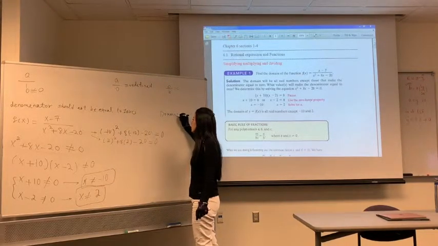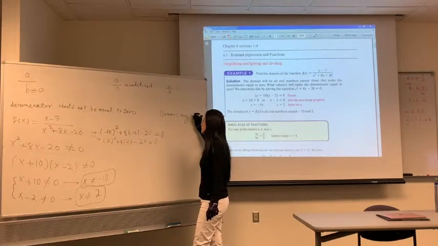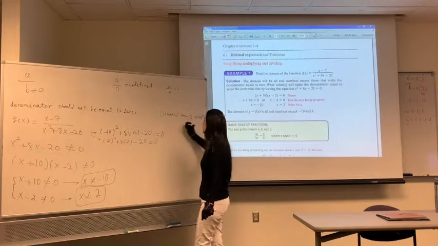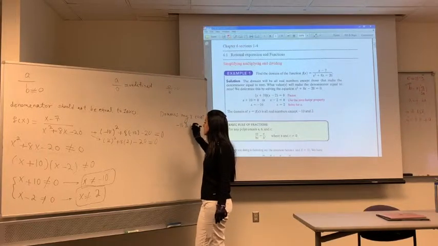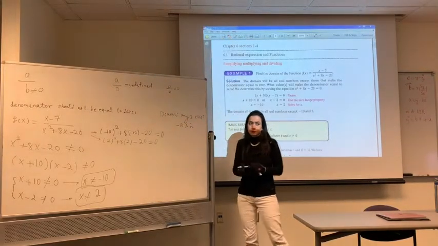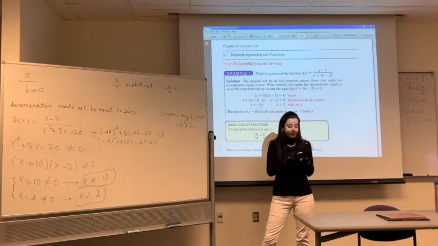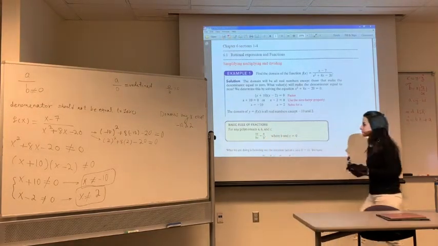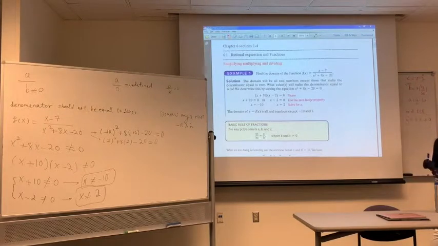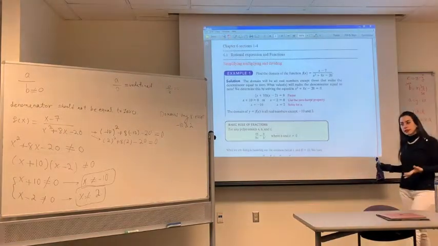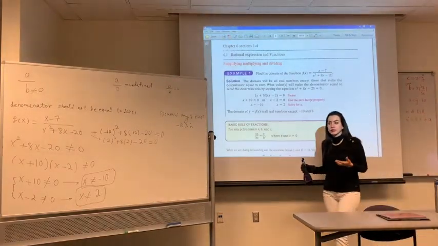So the domain will be any x except negative 10 and 2. Correct? You should explain it well. You should say any x is acceptable except negative 10 and 2.